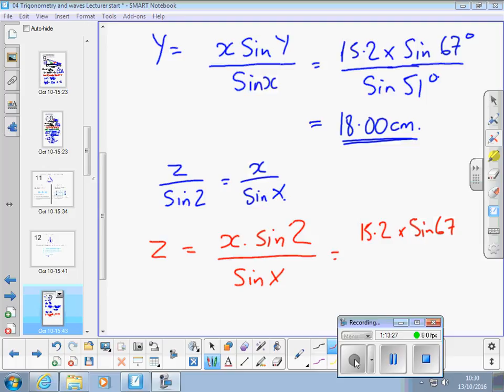Oh no, sine of Z, yeah, sorry. 62 now. And the answer is... centimetres.